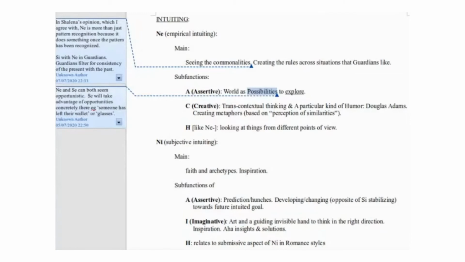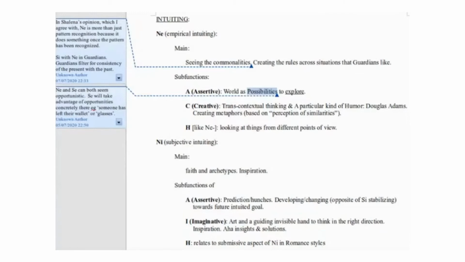And with extroverted intuition, I think it's easier to pick out how it works. You can think about the things that you subconsciously noticed, and then realize, yeah, I brought those two things together. That makes sense. With introverted intuition, it makes sense that it can be a lot more of a problem to understand quickly.